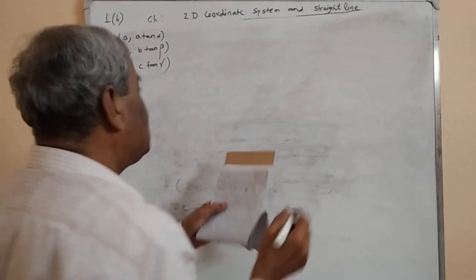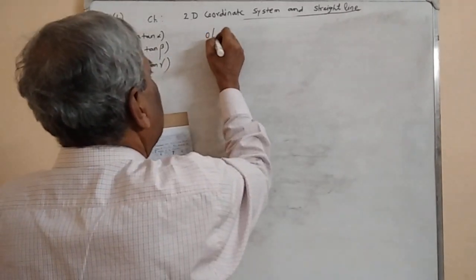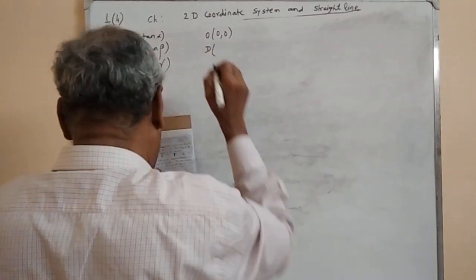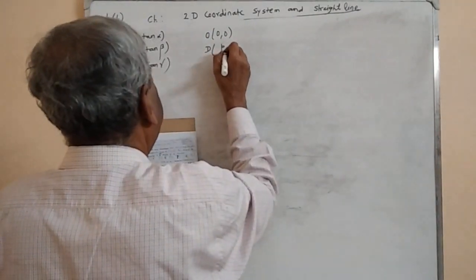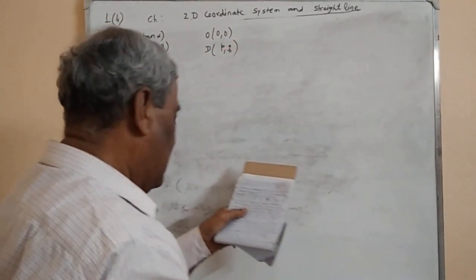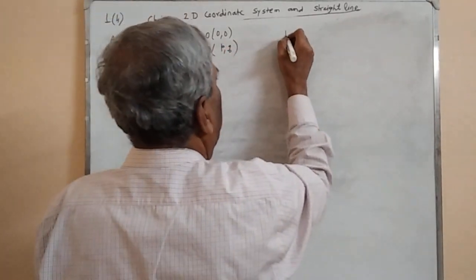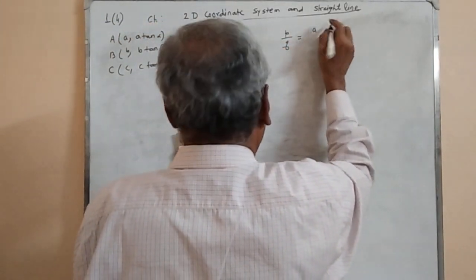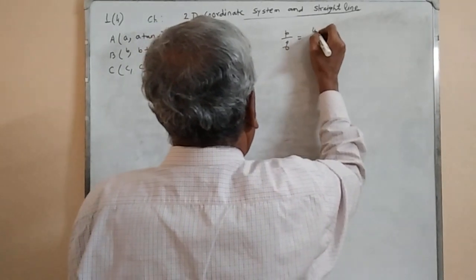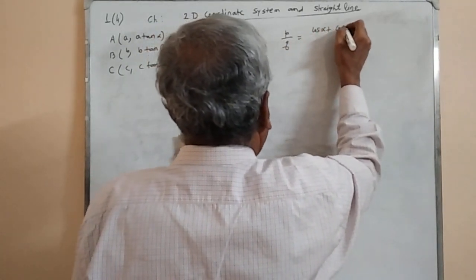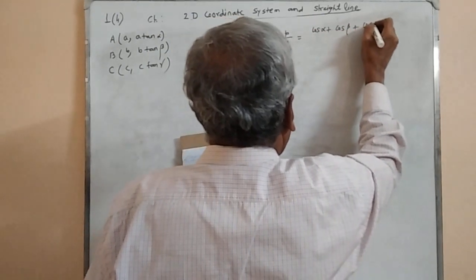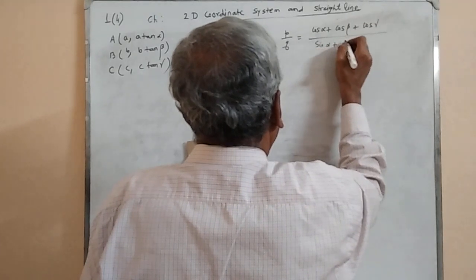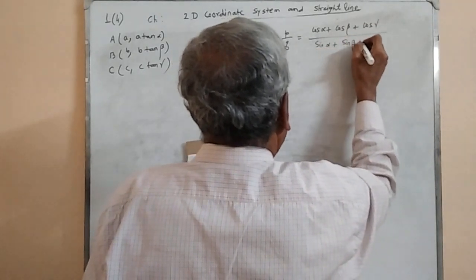Its circumcenter O is at 0, 0. Its orthocenter D is at P, Q. Then P by Q is equal to cos alpha plus cos beta plus cos gamma by sin alpha plus sin beta plus sin gamma.